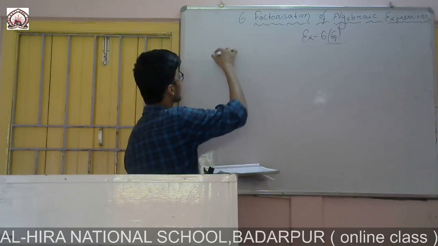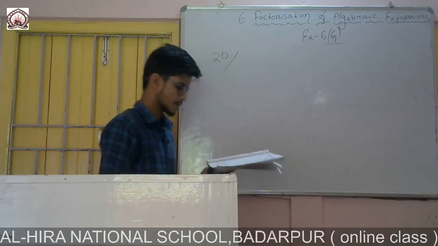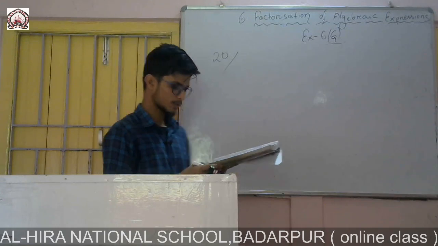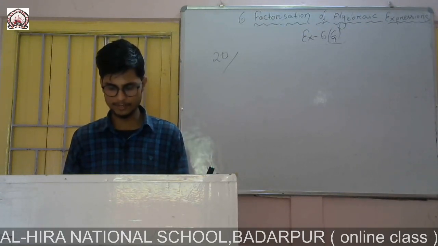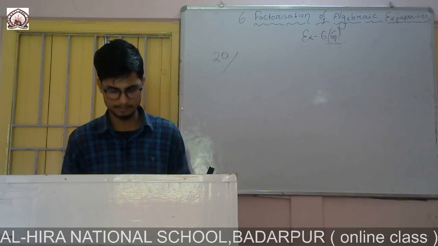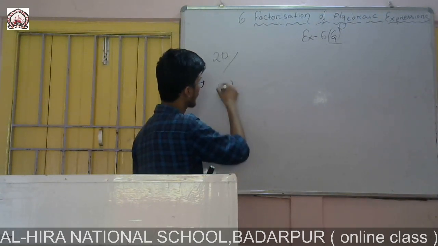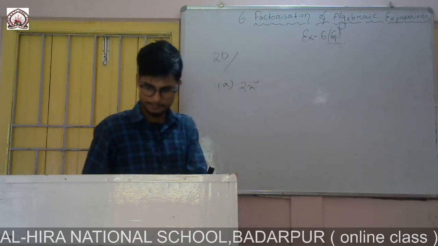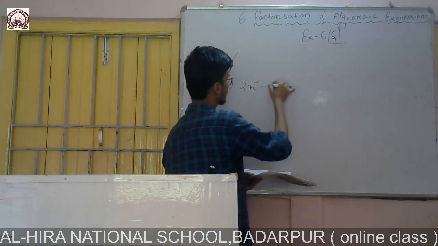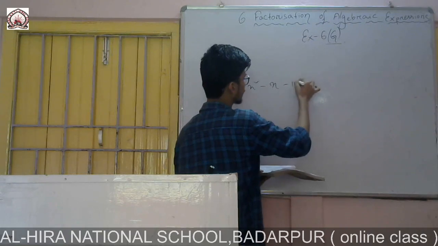Question number 20. Given that the binomial x minus 3 is not a factor of which of the following trinomials. They are given 4 options. Option A is 2x square minus x minus 15.